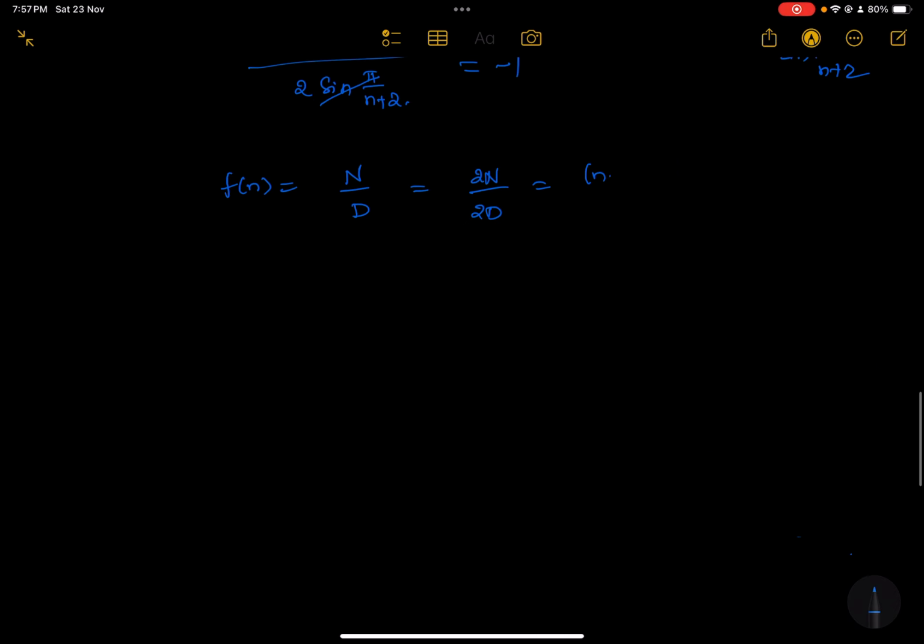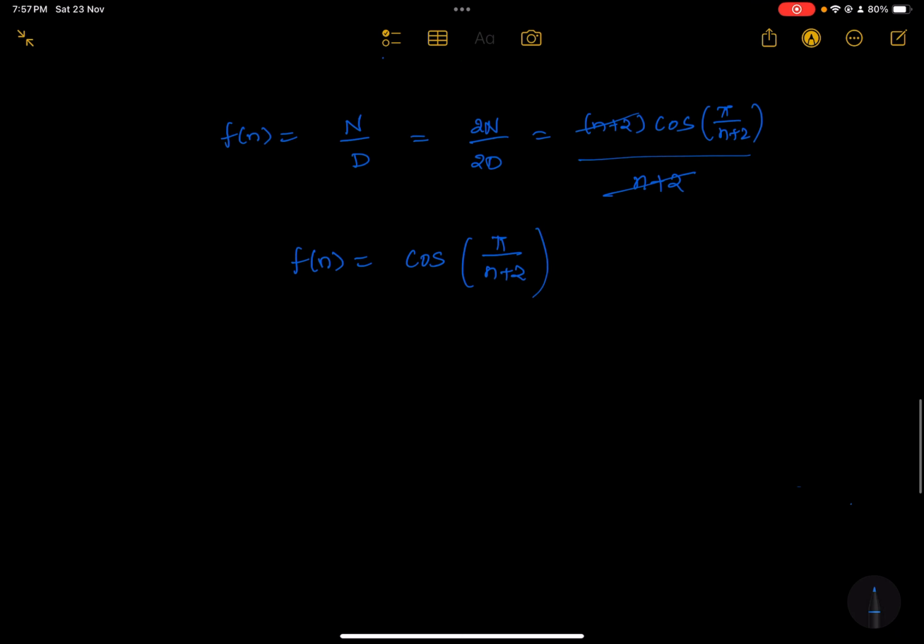So this is n plus 2 cos theta, where theta is pi by n plus 2, by the denominator n plus 2. N plus 2, n plus 2 gets cancelled. So f of n is cos of pi by n plus 2. See how beautiful the question is. Initially you had very, very gigantic looking summations and all. And finally when you solved it, it boiled down to a simple cosine function.